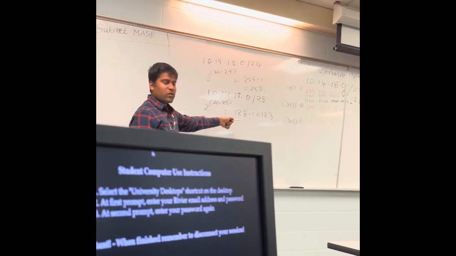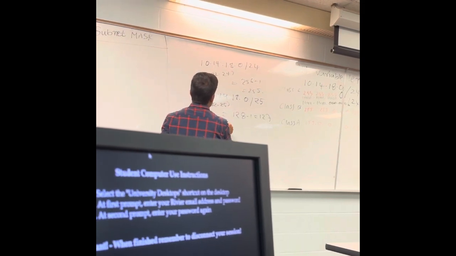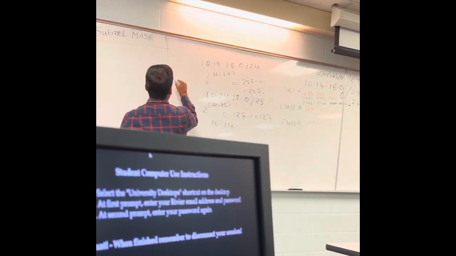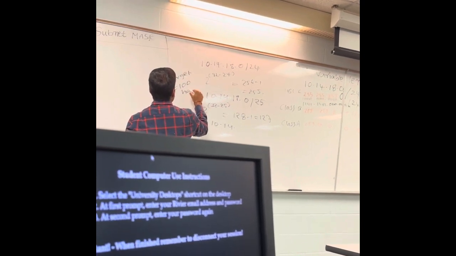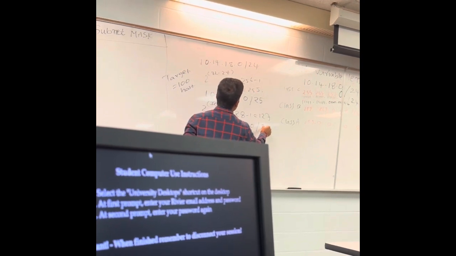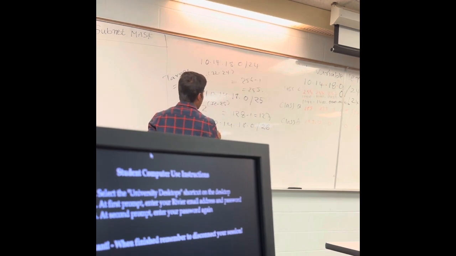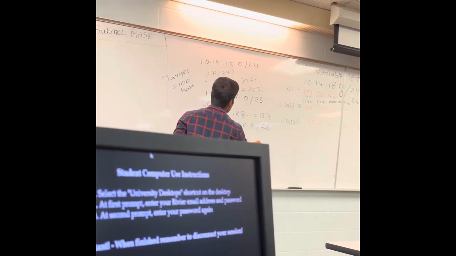So that is the closest I can take, right? What if I select /26? What is our target here? 100 hosts. So /26 gives 2 to the power 6, which is 64 minus 1, 63.